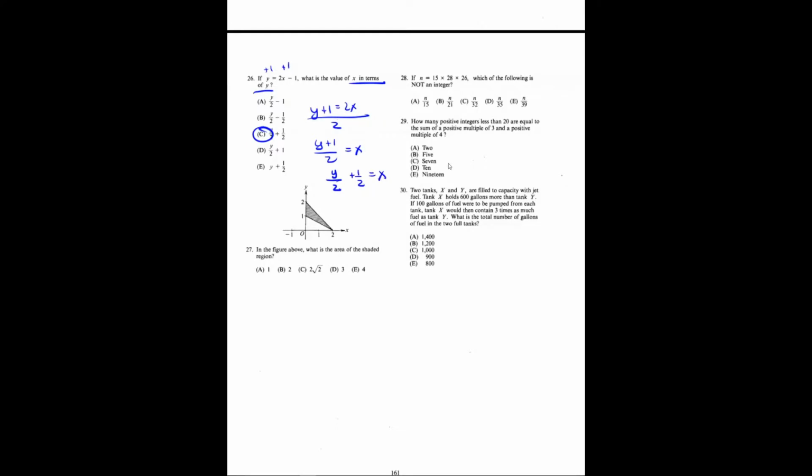Number 27. In the figure above, what is the area of the shaded region? One thing, when you see shapes like this that kind of look like a flag and they're coming down here, this is really just one triangle minus another. So we have the white triangle, the smaller one here, and then we have a larger triangle where part of it's shaded. But if we were to just bring it over here, it has a base of 2 and a height of 2.